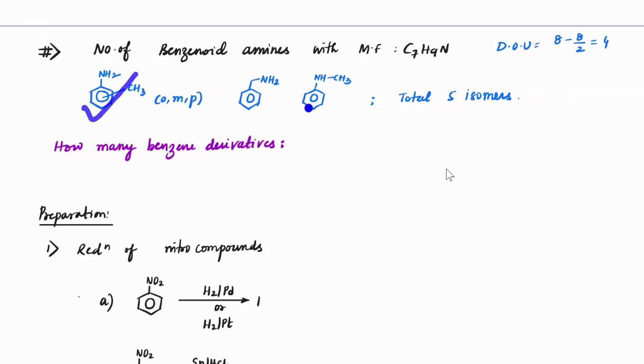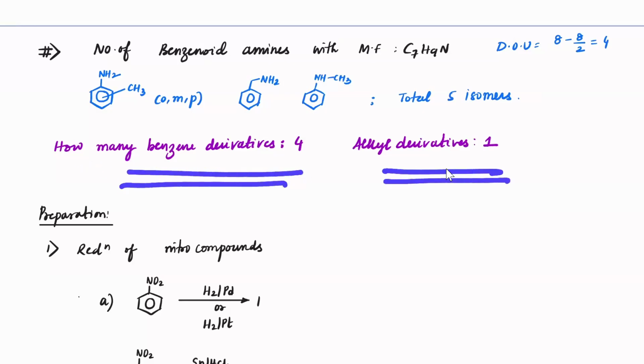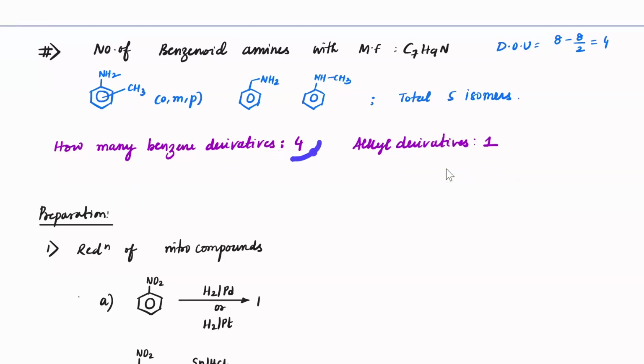So these three plus one, you count as four. So four benzene derivatives here. And how many alkyl derivatives? One. So remember the terminology. This has been asked in JEE Mains: how many benzene derivatives of the following? A lot of students got it wrong as five. Because this is connected to an alkyl group, it cannot be counted as a benzene derivative.